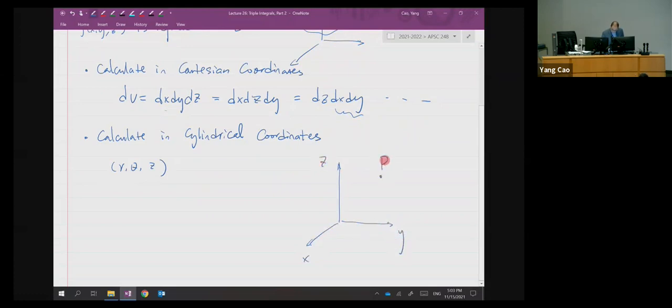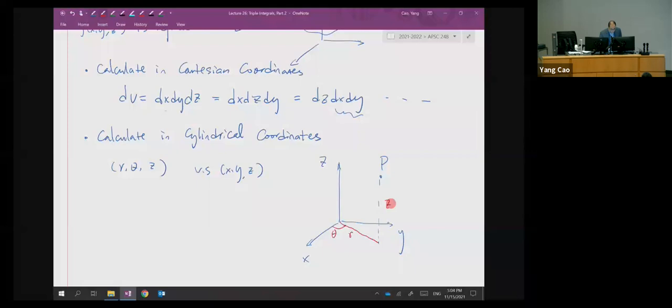If you have the point P here, you can describe P using x, y, z, which is the Cartesian coordinates, and you can also describe P using r, theta, z. If you project the point P into the xy plane, this is your r, and this is your theta. So r and theta are basically the polar coordinates in 2D, and this is your z. That's cylindrical coordinates.